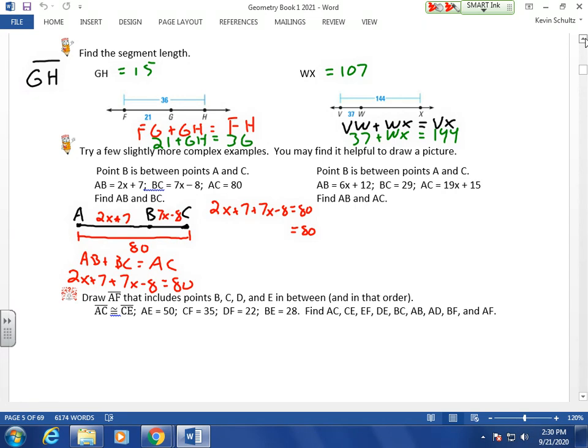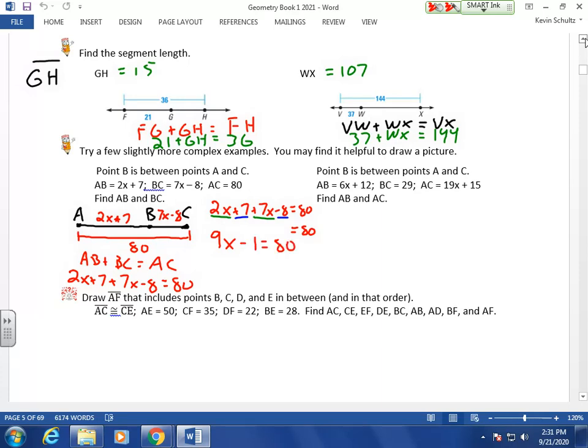Yes. Kylie? Yeah. 2x, you would add 2x plus 7x to get 9x. Good. Those like terms, right? 2x's and 7x's is a total of 9x's. How about our constants? Positive 7, negative 8. McKenna? Negative 1. 7 minus 8 equals negative 1.